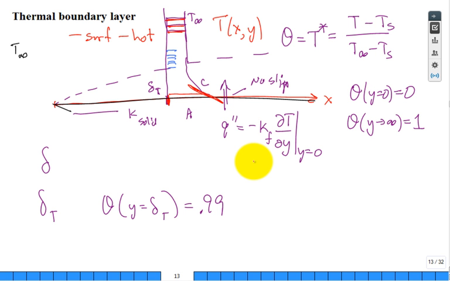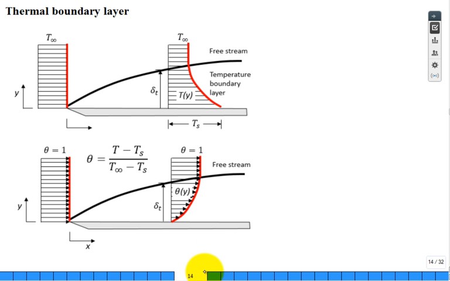All right? So let me go to the next slide. Let me continue this on the next slide, because what I have here is a cleaner plot. What do we have here? I'm talking about that derivative right there. And so we have that Q double prime at the surface is minus K of the fluid, the rate of change of temperature with respect to Y at Y equal to 0.